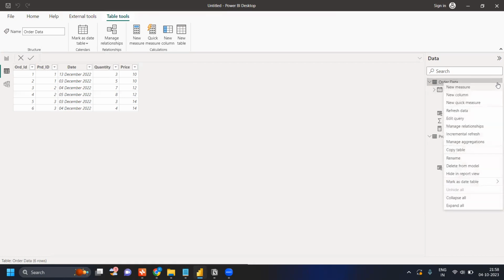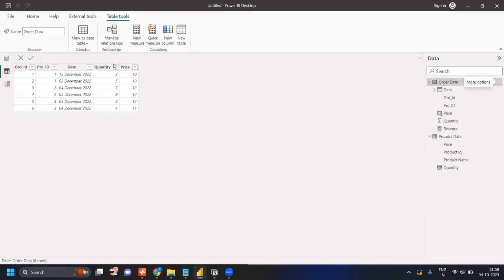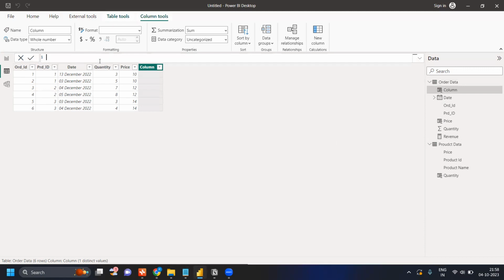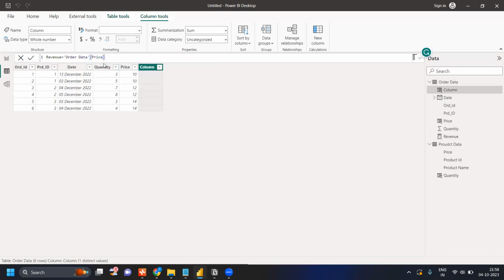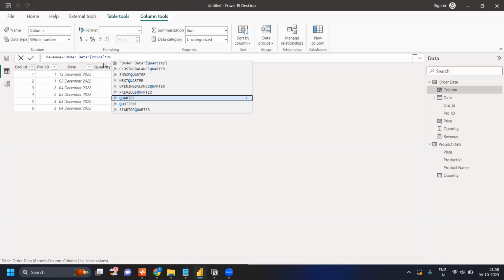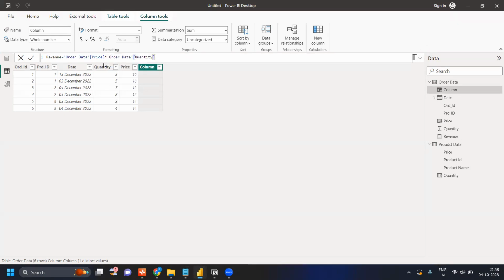So I create a calculated column here, price into quantity.